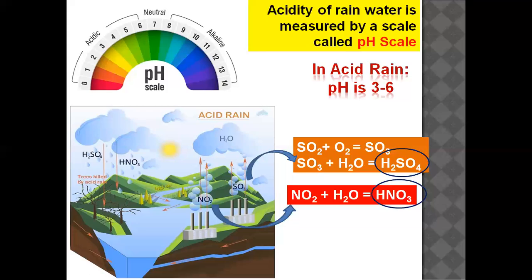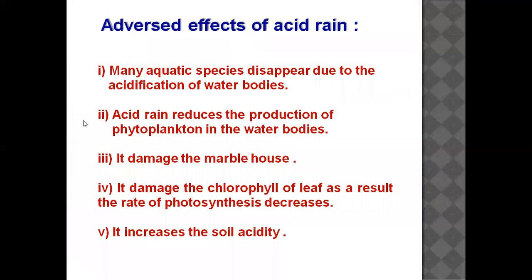And just because of that, it has adverse effects. What are those effects? Let us look at them. Many aquatic species disappear due to the acidification of water bodies, because for the survival of aquatic species, normal water is very essential.